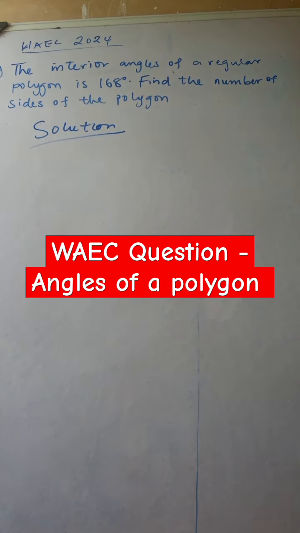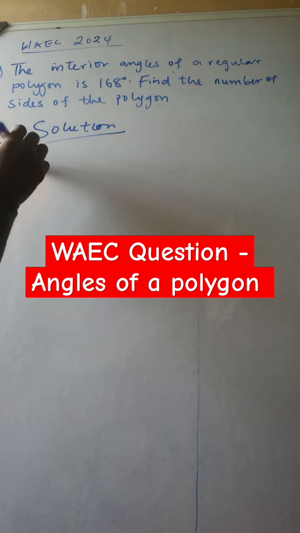So all you have to do is, first of all, write down the formula for finding the number of sides of a polygon. Let's say I give you the sum of the interior angles of a polygon, and I ask you to find the number of sides.